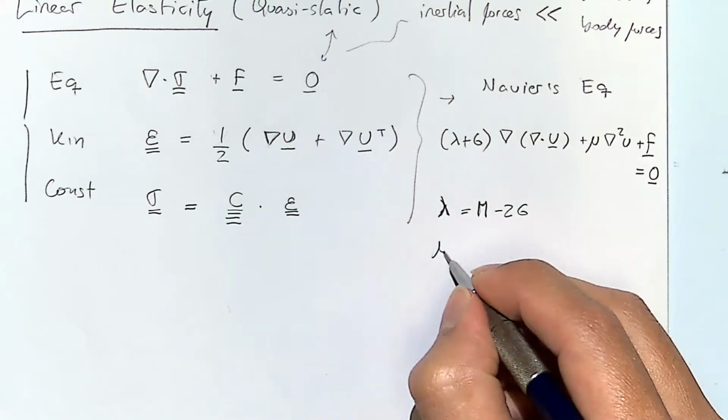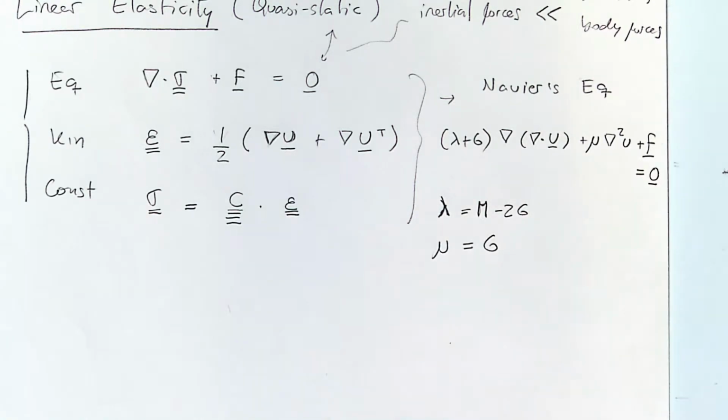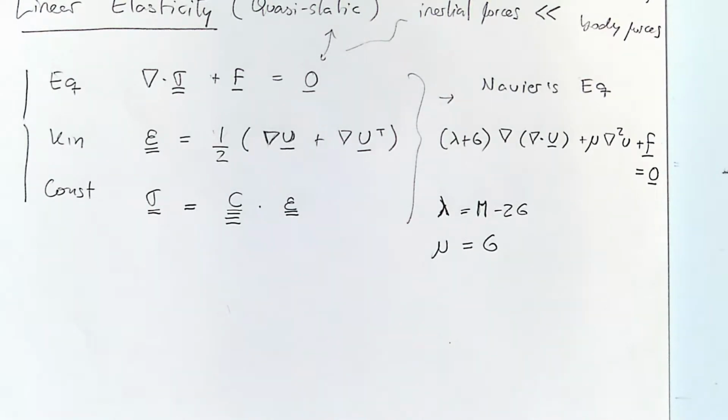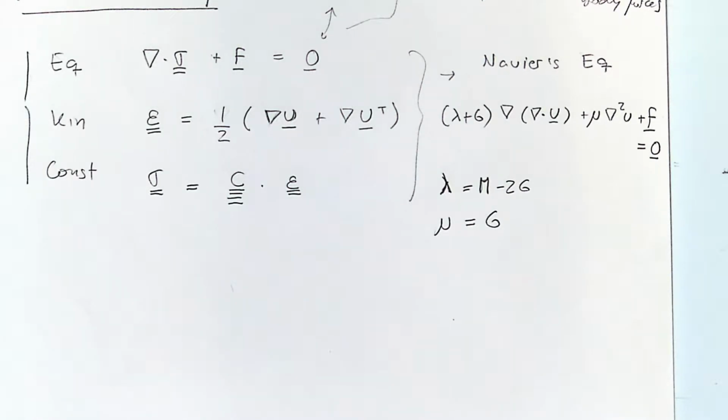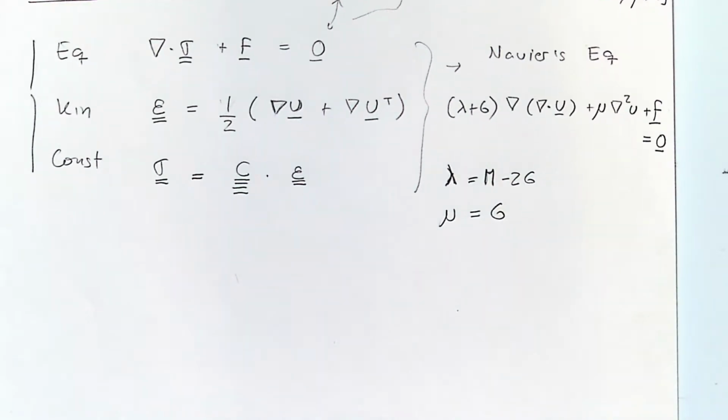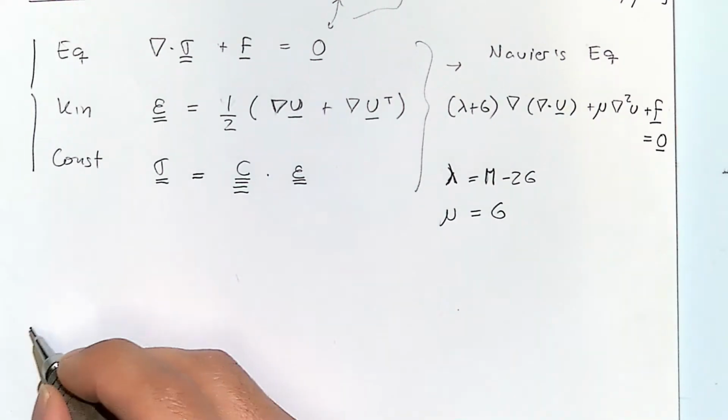And the second Lamé parameter, we already know that that's equal to the shear modulus, right? That's something that we already know. Nothing new so far. Well, let's go now to the dynamic equations.